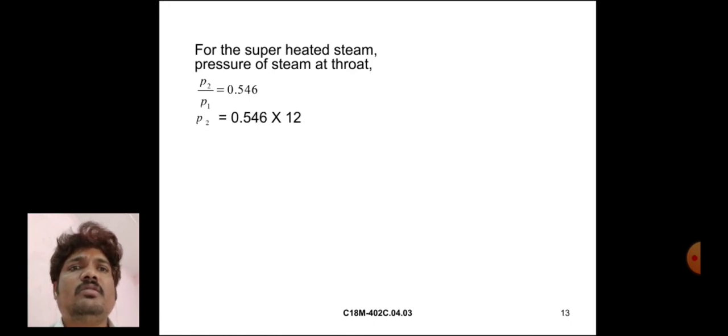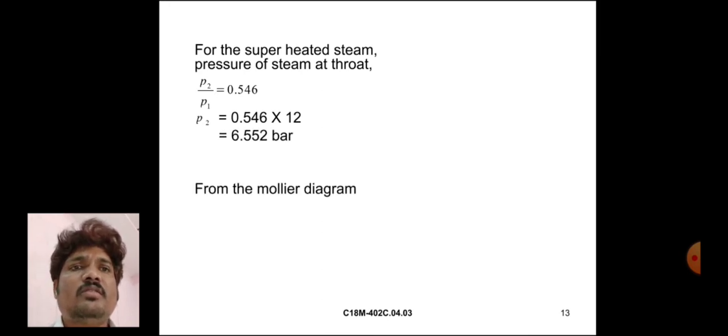So P2 is equal to 0.546 into 12, cross multiplying, where the P1 value of 12 is given in the problem.